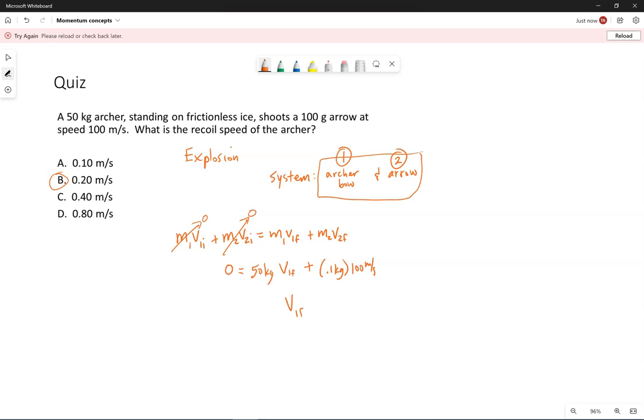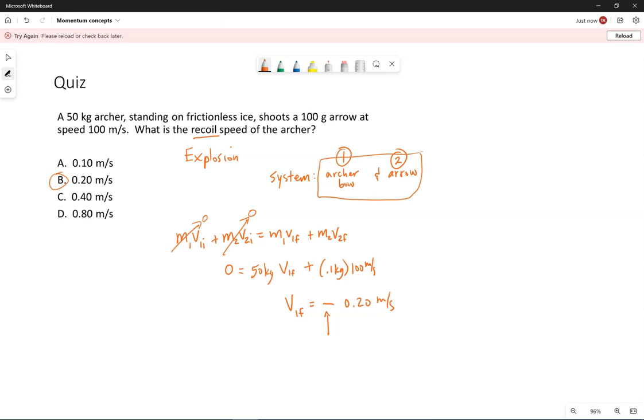When we solve for V1 final, we get negative 0.2. The units are meters per second, because the kilograms cancel. The negative sign simply means that the archer travels in the opposite direction from the arrow. And that's why we call this the recoil speed.